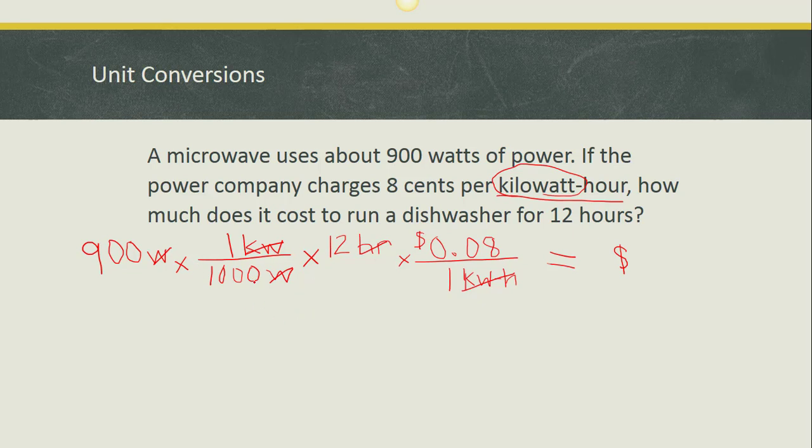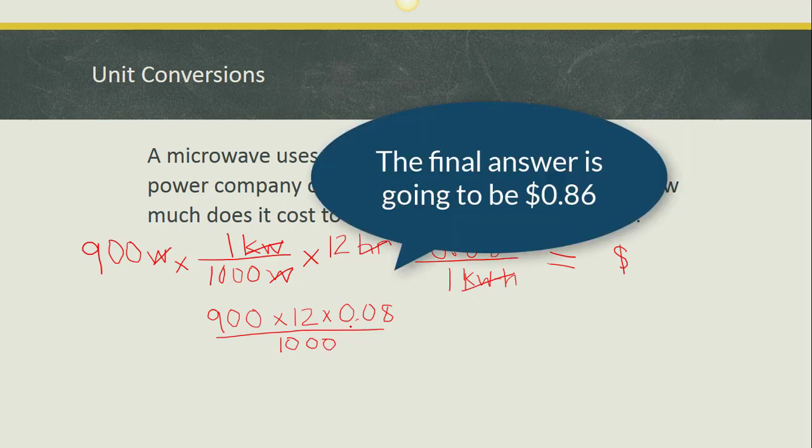Let's multiply out all the numbers. We have 900 times 12 times 0.08 all over 1,000. And that's going to be in money.